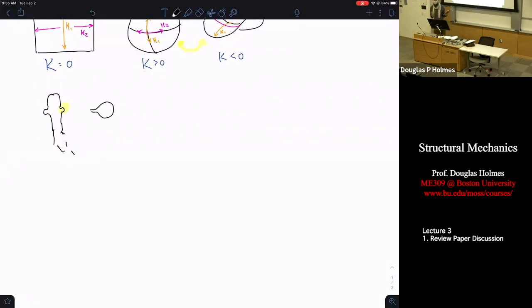If you zoom in, it looks a lot like a spherical shell. This is what's called the optic vesicle. A vesicle is like a fluid-filled sac that's really soft, and it looks like a spherical shell.